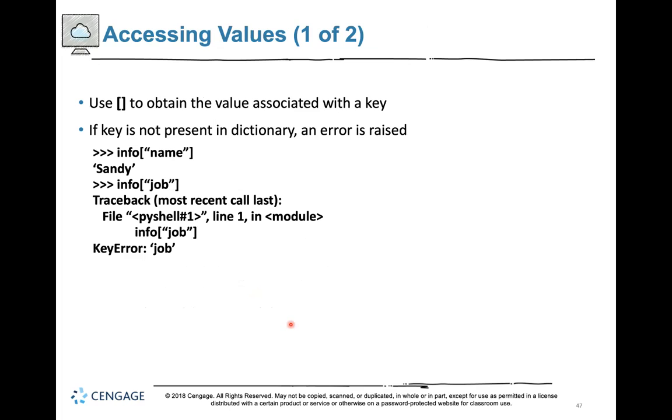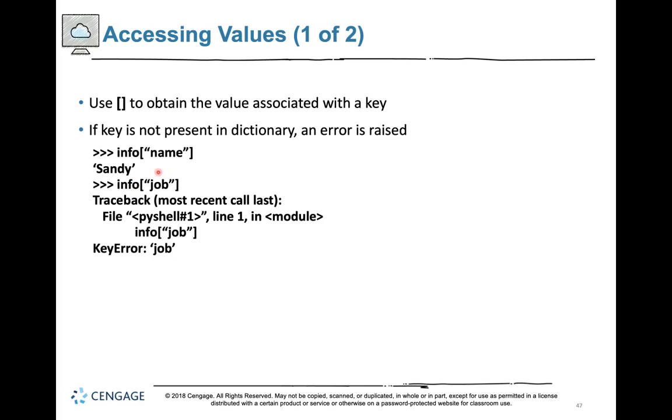Of course, this also allows you to read the current value, if you put this in an expression, not on the left-hand side of the assignment. So info name will give you Sandy.